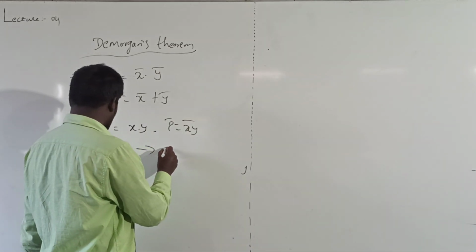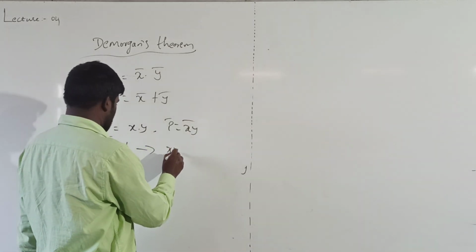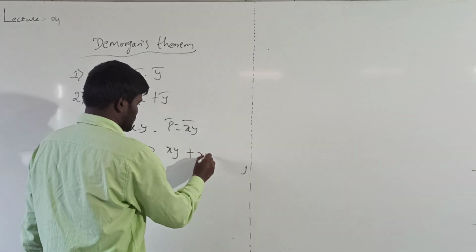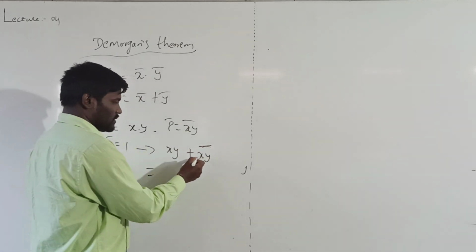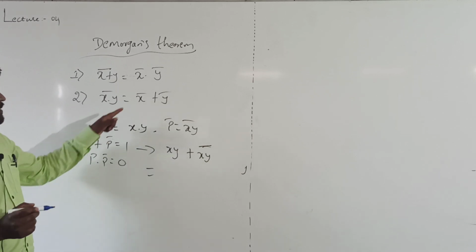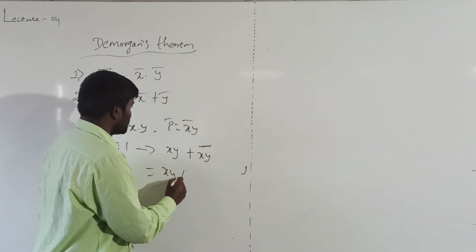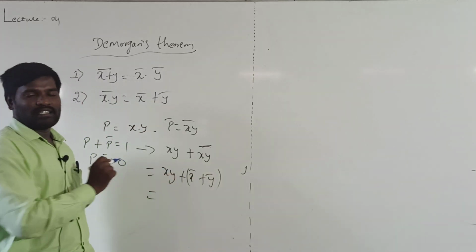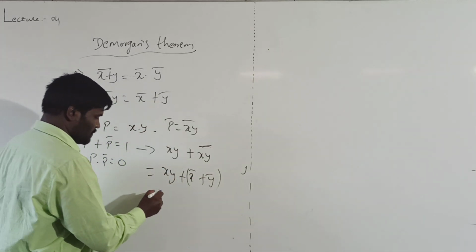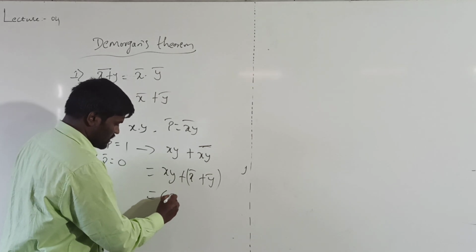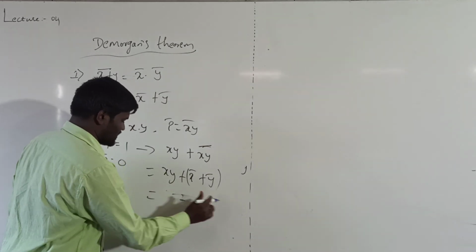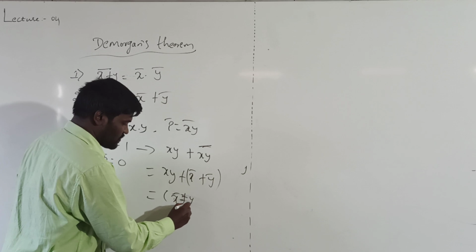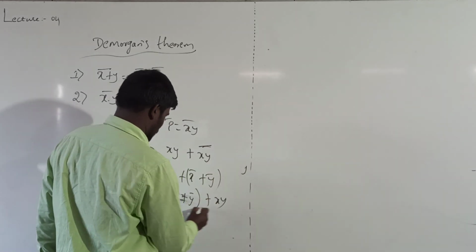First I will prove p plus p bar. P value is xy plus xy whole bar. So instead of writing xy whole bar, I can write x bar plus y bar. Again you can apply the distributive law, so it becomes x bar plus, first you can rearrange the terms, x bar plus y bar plus xy.